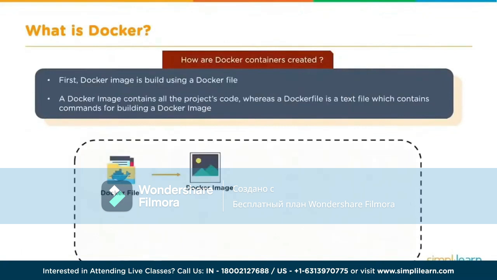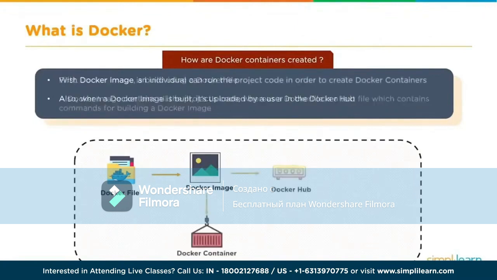So if we have a look at the way Docker is broken out, first of all we have the Docker image, and the Docker image is created by a Dockerfile. The Dockerfile is a text-based script, and that text file actually has all the commands that allow you to run the appropriate technologies within the Docker image. So the Docker image allows a wide group of people to consistently run the same environment.